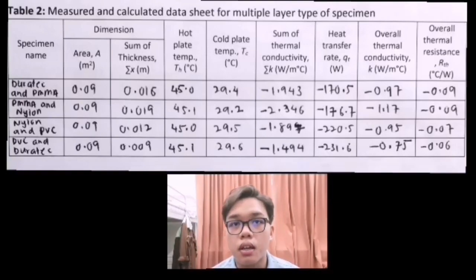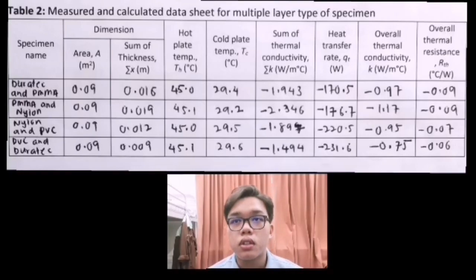For PMMA and nylon, the hot plate temperature is 45.1, cold temperature is 29.2, sum thermal conductivity is negative 2.346, heat transfer is negative 146.7, overall thermal conductivity is negative 1.17, overall thermal resistance is negative 0.09.